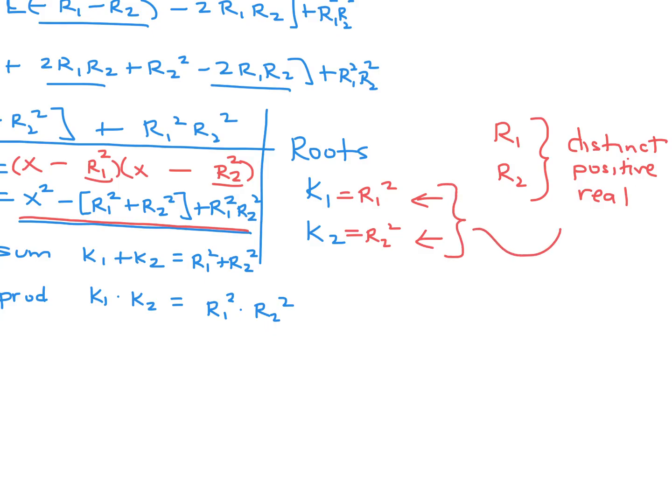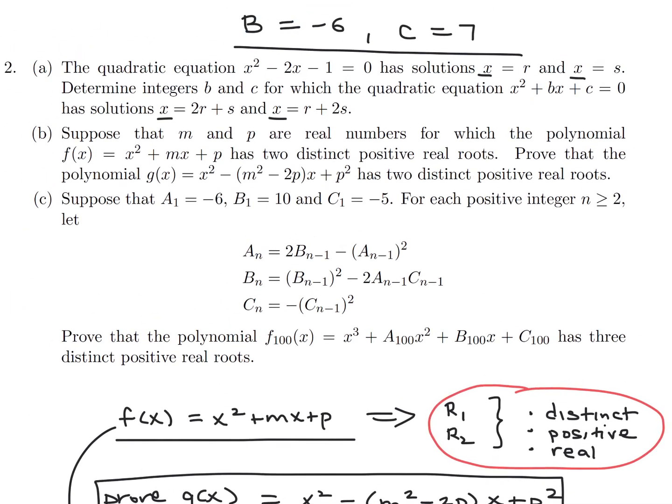And that's what they wanted you to prove, that the polynomial, this big long guy, has two roots that are distinct, positive, and real. So that's pretty much how I would approach that question.